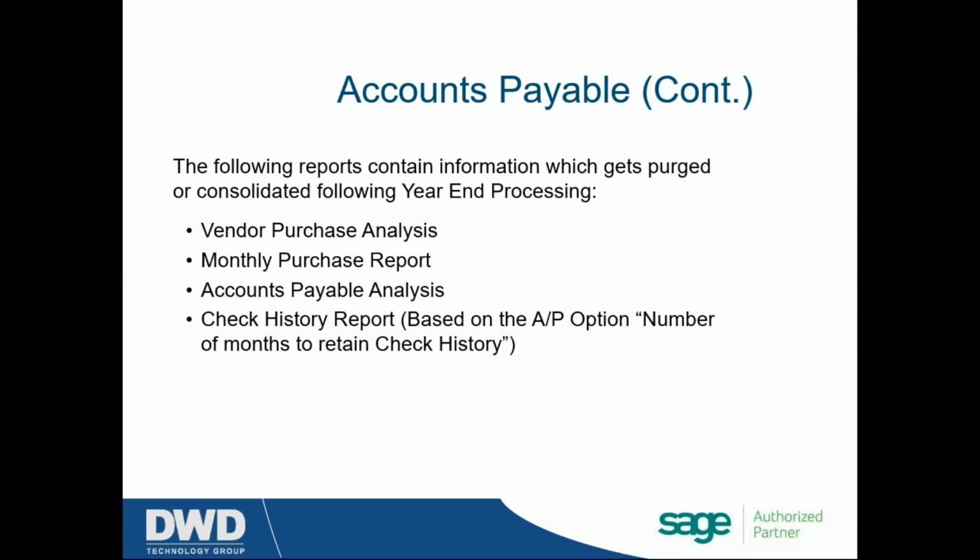So if you can visualize in your AP options, you have a number of months to retain check history, and the monthly fields have a maximum entry of 99 months. So whatever that comes up to be in years, 7 years or something like that, whatever that calculates to.